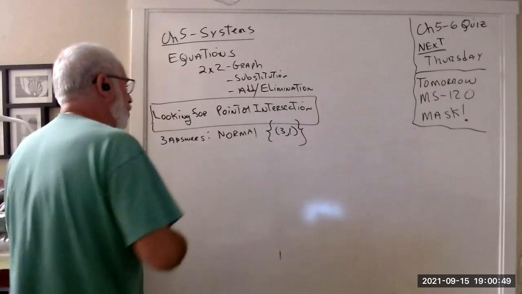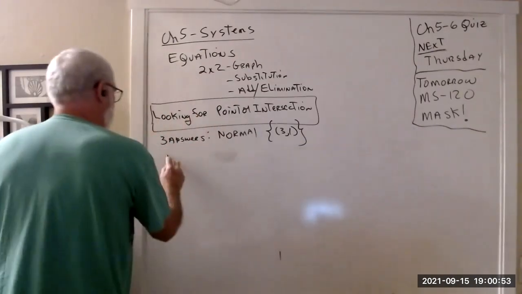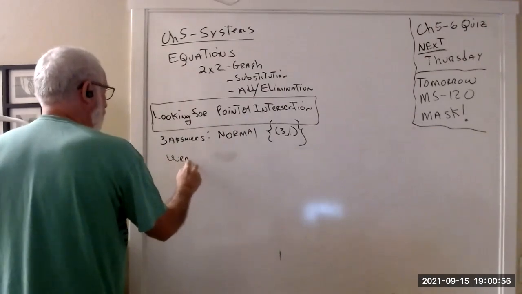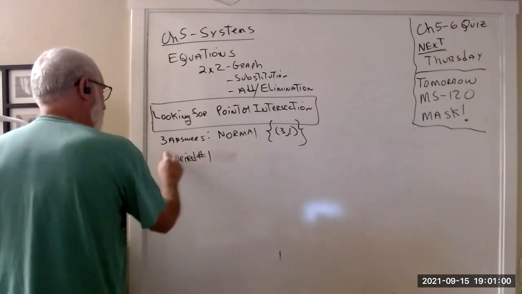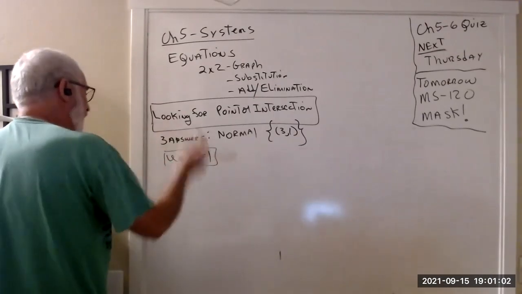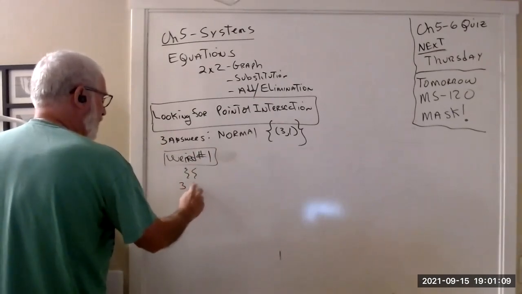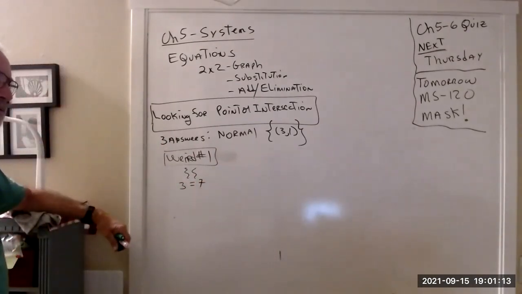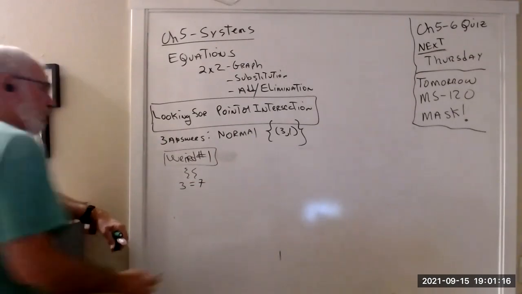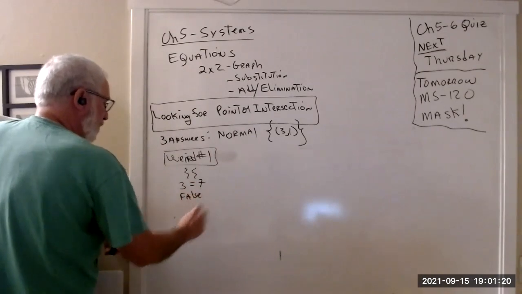There is also weird number 1. If there's normal, there's weird. That's what happens if you're doing your algebra and you get 3 equals 7. Well, this is false for sure.